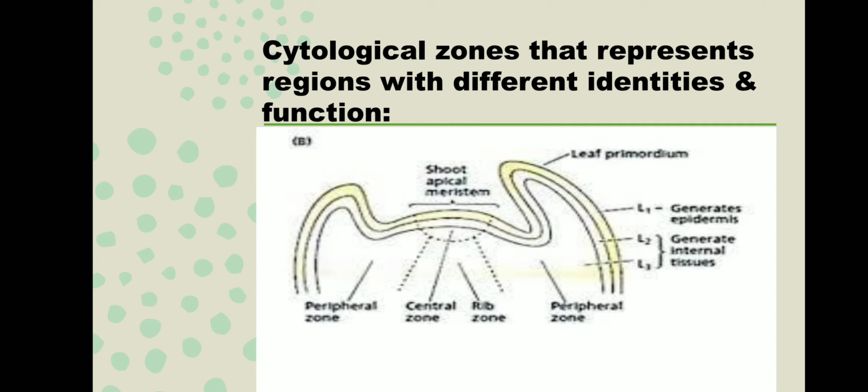Inside the L1, the cells form the L2 and L3 layers. The L2 layer forms the subepidermal layer, and the cells that L3 forms are centrally located.